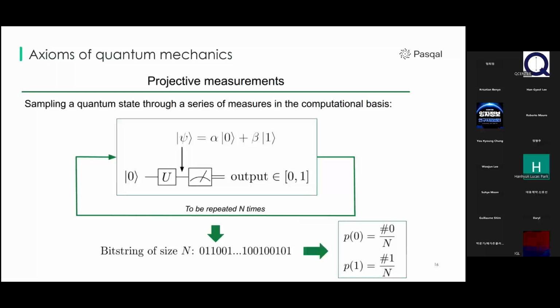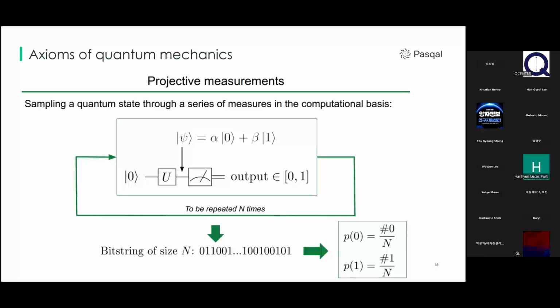So the measurement in this thought experiment is the fact of opening the box to actually know what's the value, what's the state. So the first key fact is that the information we can actually recover following a quantum computation is always one of the reference states. So what comes out of the quantum computer in a sense is a 0 or a 1.